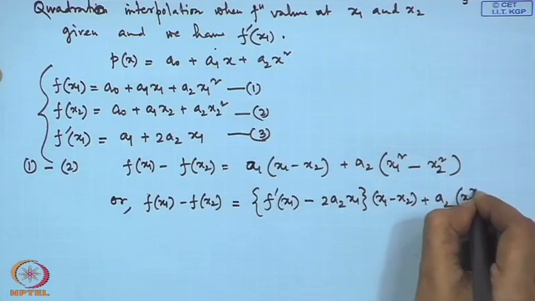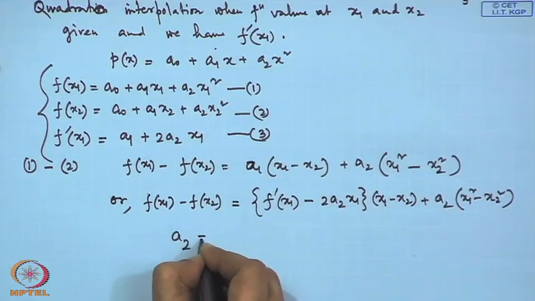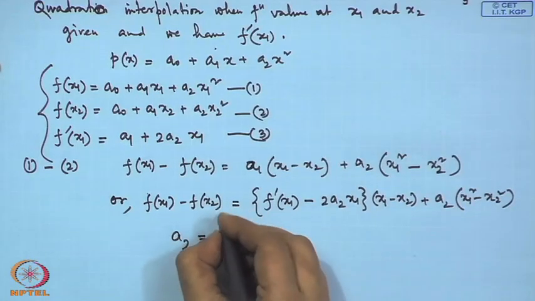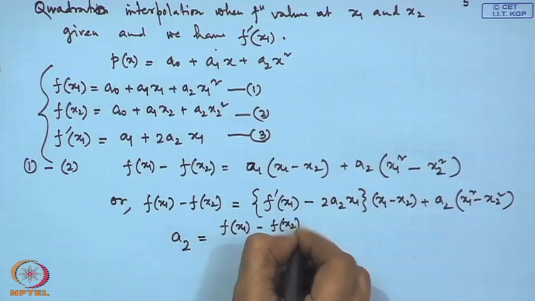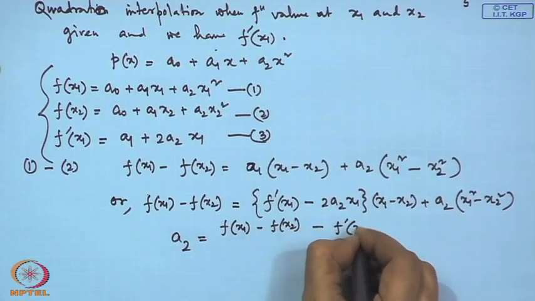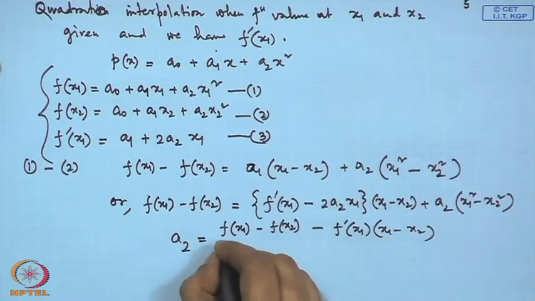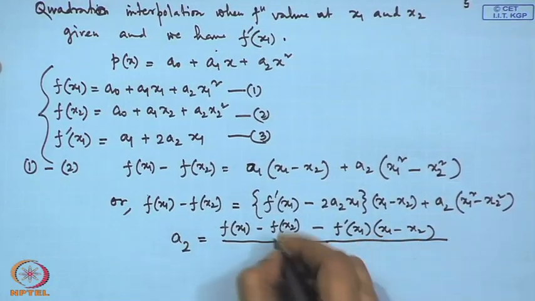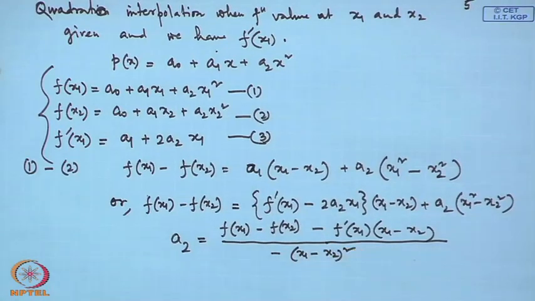Then this is an equation with only one unknown, a 2. From here we will get the value for a 2 as f x 1 minus f x 2 minus f prime x 1 into x 1 minus x 2, divided by minus x 1 minus x 2 square.